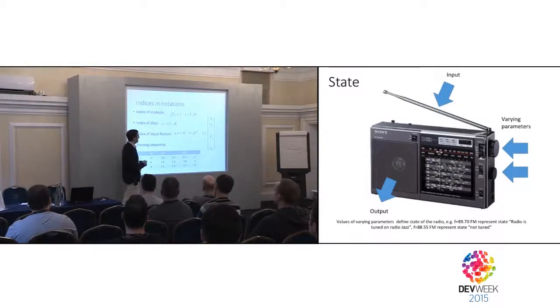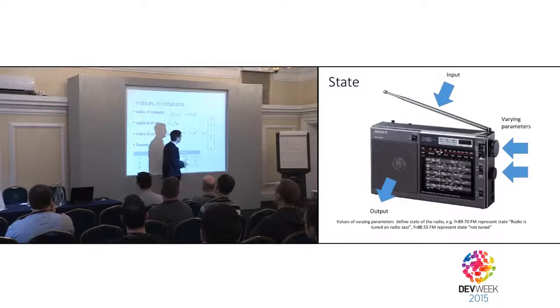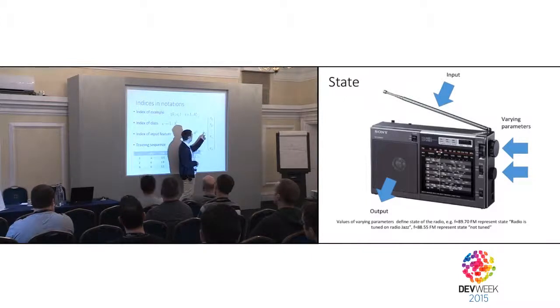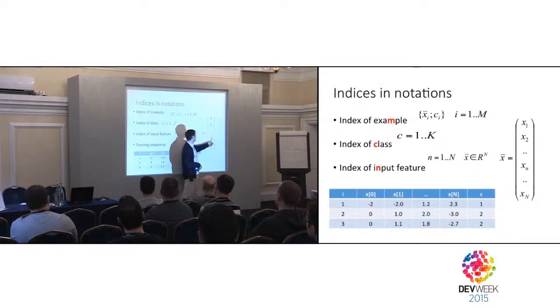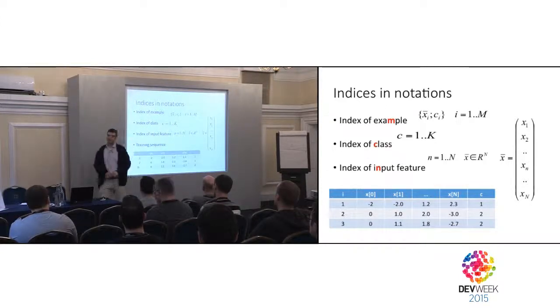So we define x with a dash above the letter, which means that this is not a single value. That's a fixed number of values that describe characteristics of an object. So we call them features.